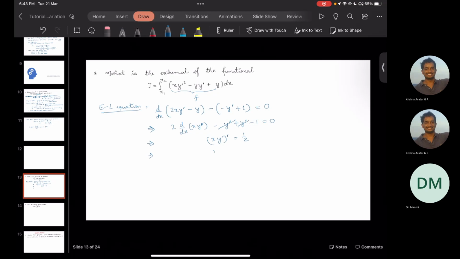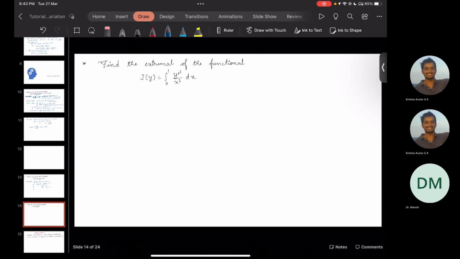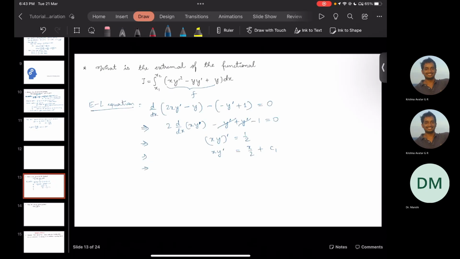So this implies that x y prime is equal to x by 2 plus some constant c1, right? Now let's divide throughout by x. So y prime is equal to 1 by 2 plus c1 by x, right?